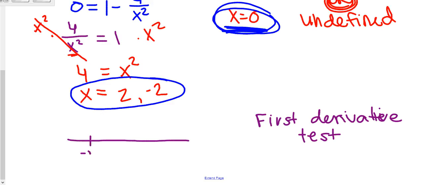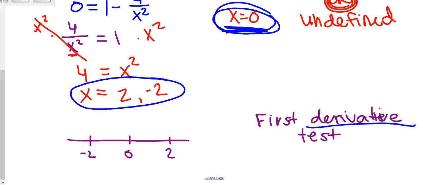I have negative 2, I have 0, and I have positive 2. And for my first derivative test, I need to choose some test numbers in every interval in between and on the outside of critical numbers. Now, it's important that you distinguish between your test numbers that you're just choosing to plug into the first derivative and your critical numbers.